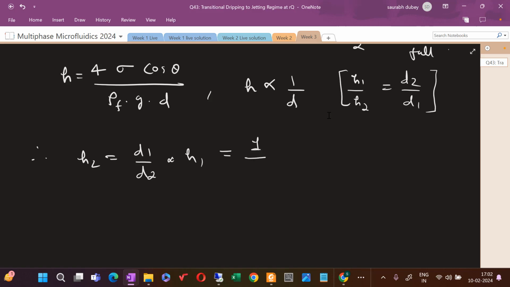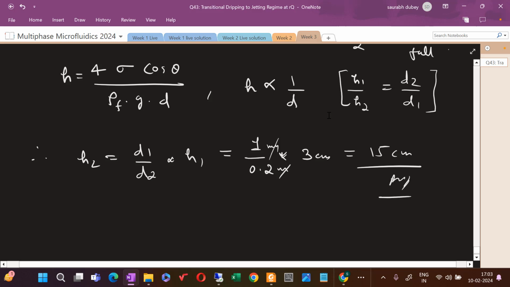So 1 divided by 0.2 multiplied by the initial, which was 3 centimeter. The mm cancel, so what you will get is 5. This is 15 centimeter, the height in the second one.